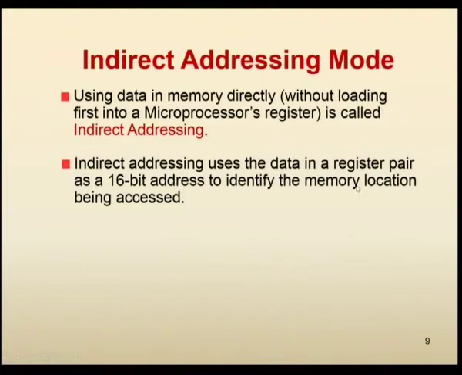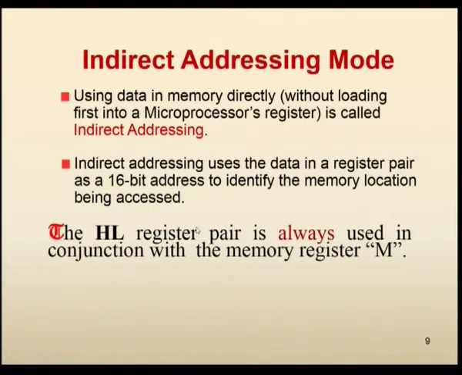The 16-bit address is loaded into the register pair and that serves as the pointer to the memory location. In this case the H and L register is the one used for pointing to the memory location. So, this is called the indirect addressing mode. Let us now have a brief break and meet again.